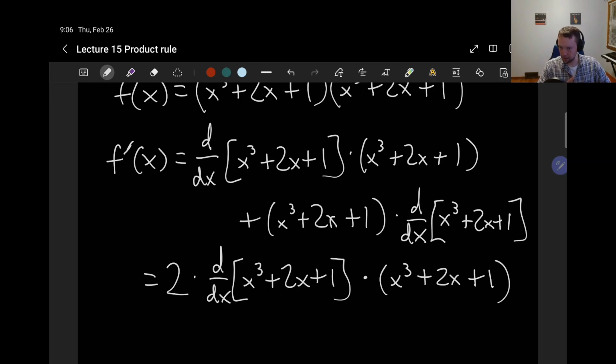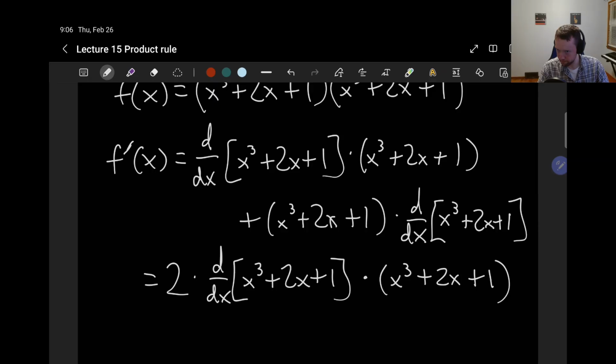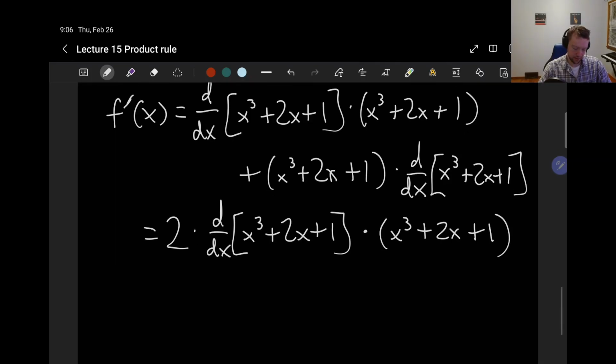So again, the reason I do this is because both of these terms are actually the same thing, just written in a different order. So that's why I just say 2 times this thing. This doesn't happen a whole lot, so this is pretty unique.